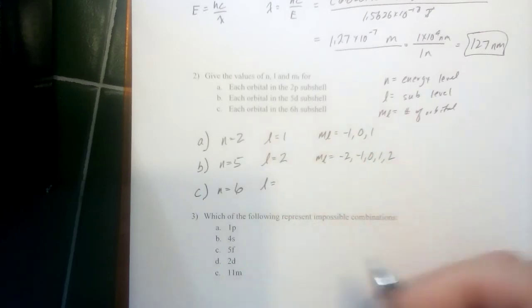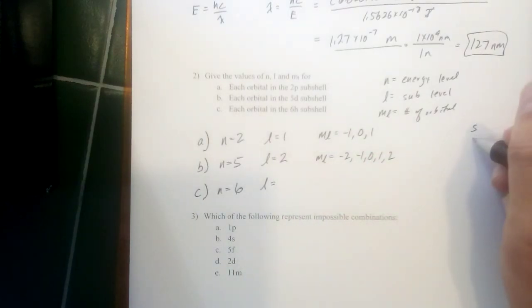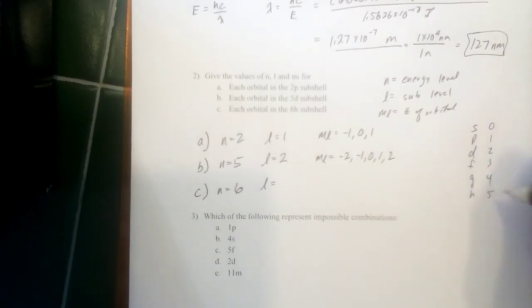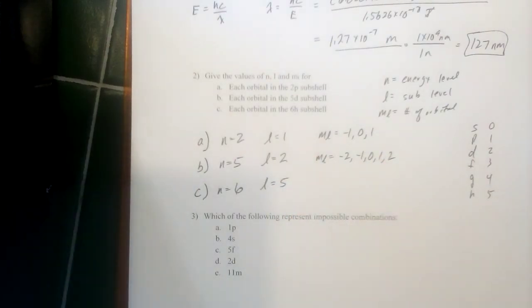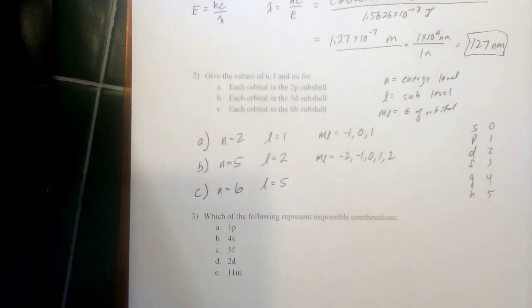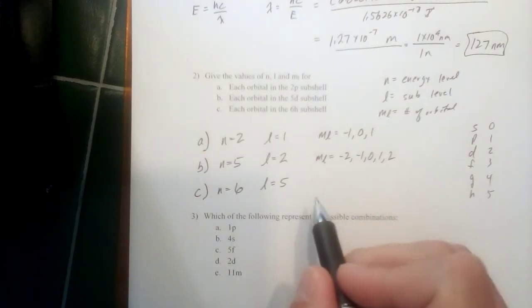Now for H, let me put these over here, S, P, D, F, G, H, 0, 1, 2, 3, 4, 5. H would be L equals 5, right? We don't see that on the periodic table, but those fairly straightforward quantum number rules tell us it's there within the structure of atoms.